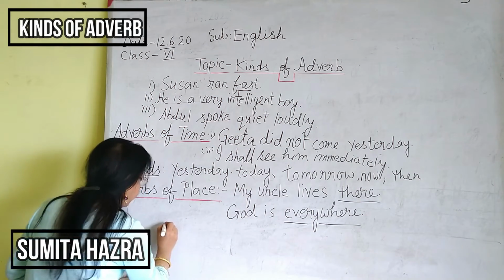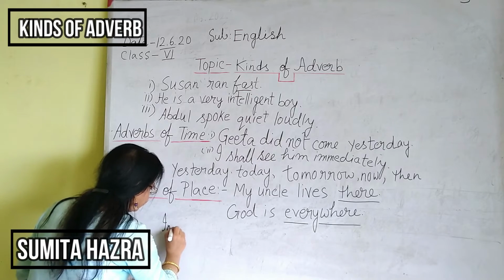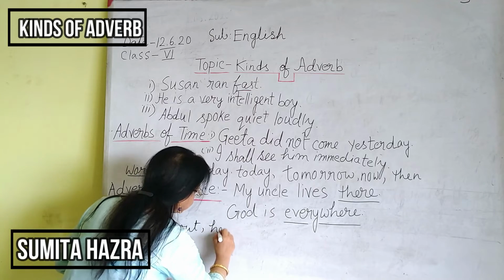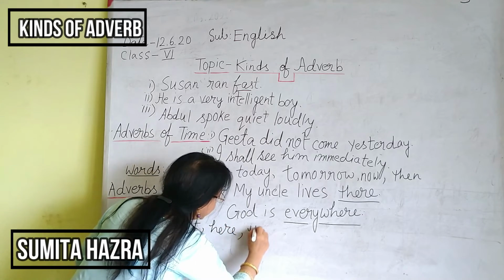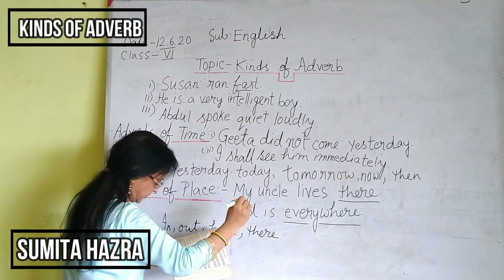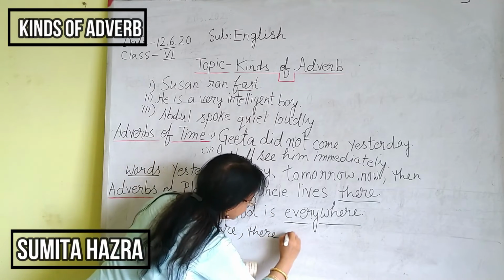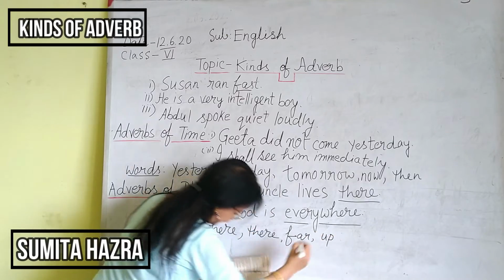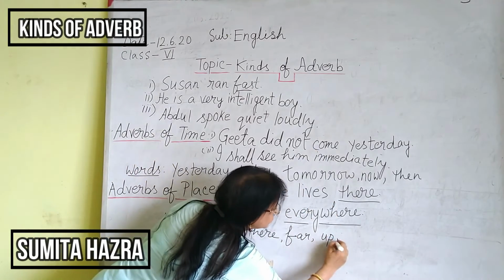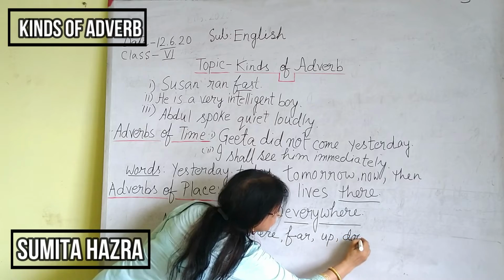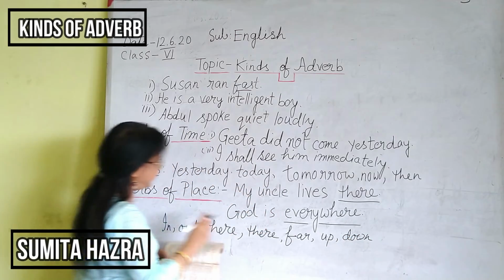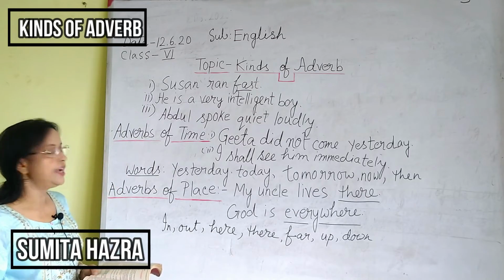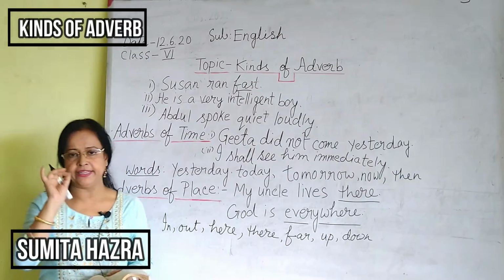It is in, out, here, there, and far, up. Also down. These words are commonly used for the adverbs of place.